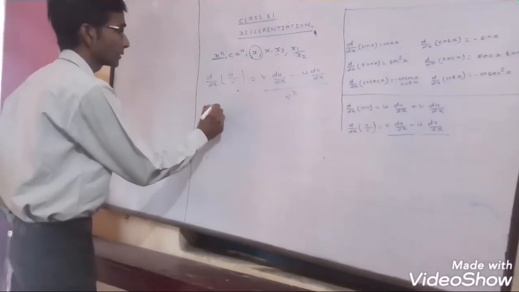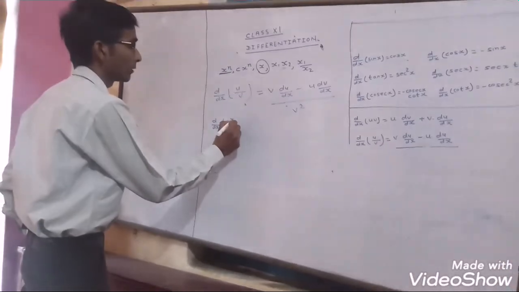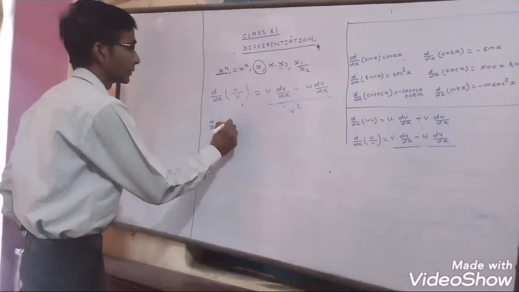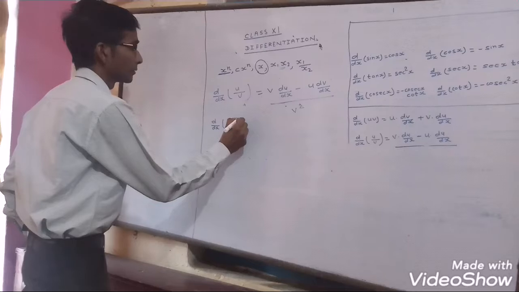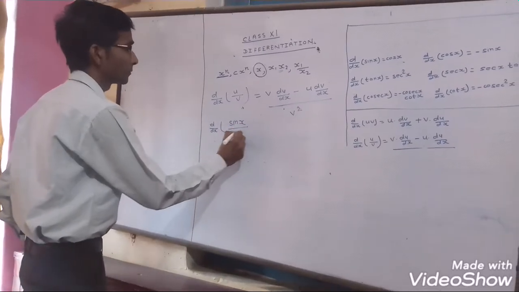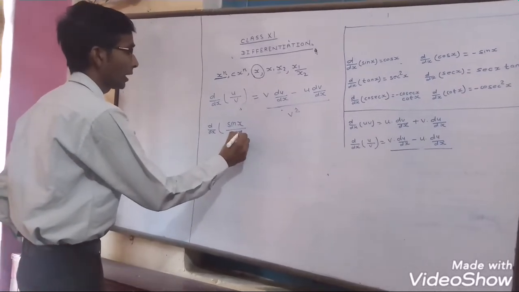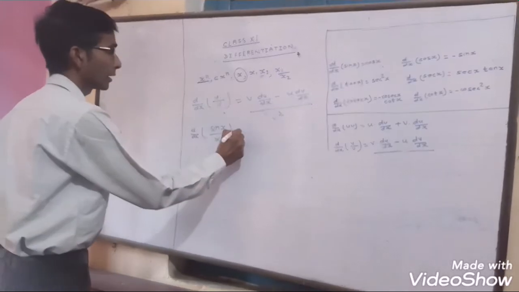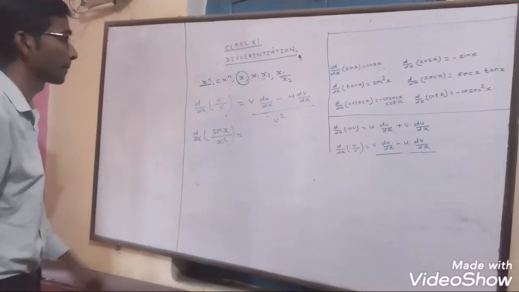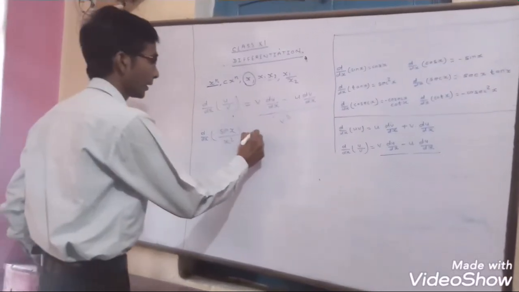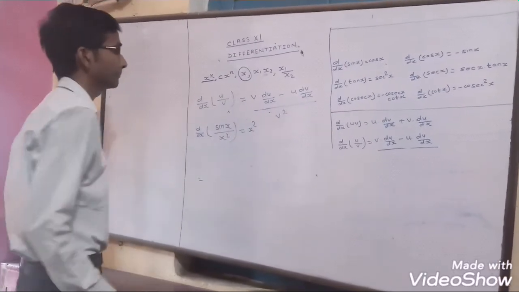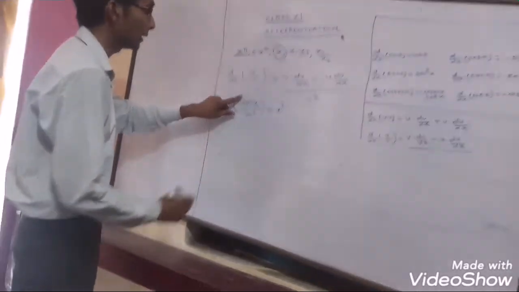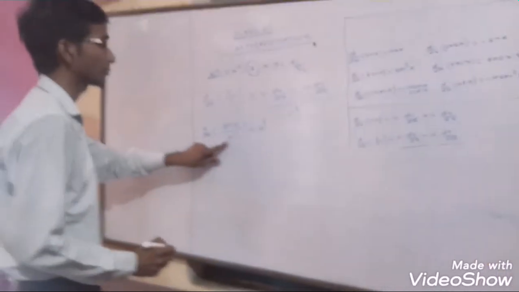Suppose you have to differentiate d by dx sin x by x square, then the differentiation will be x square, here sin x is u and x square is v.